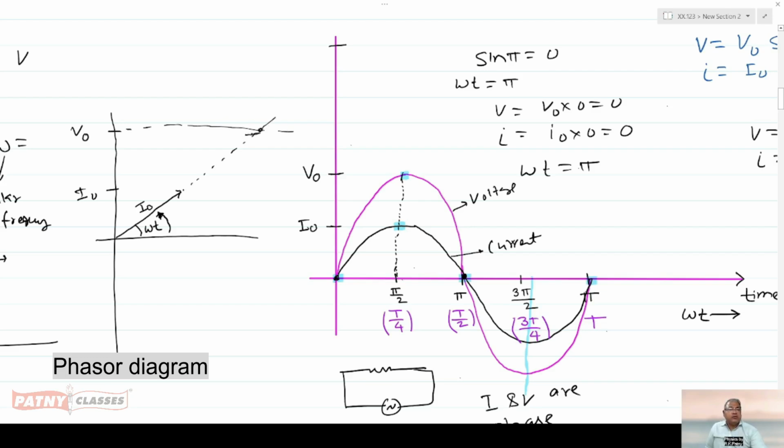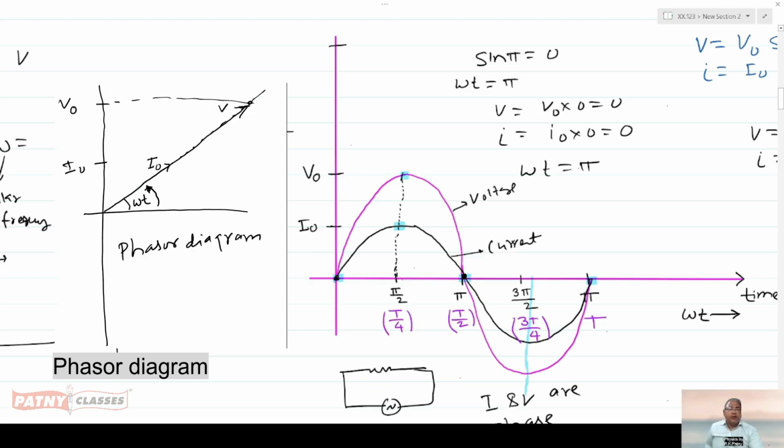So this is another phasor, called the voltage phasor. The diagram in which we draw the vectors showing the magnitude of current and voltage, and also show the angle omega t, is called a phasor diagram.